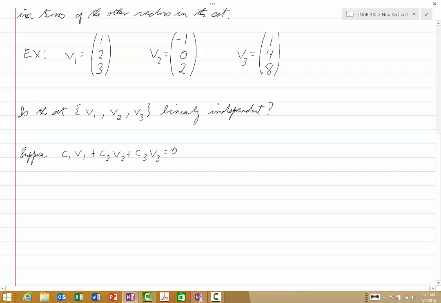Well, this means then that C1 times 1, 2, 3 plus C2 times negative 1, 0, 2 plus C3 times 1, 4, 8 is equal to 0, 0, 0.